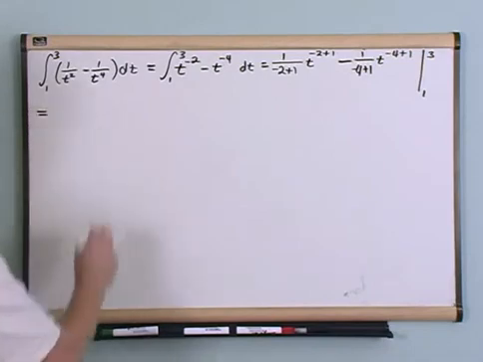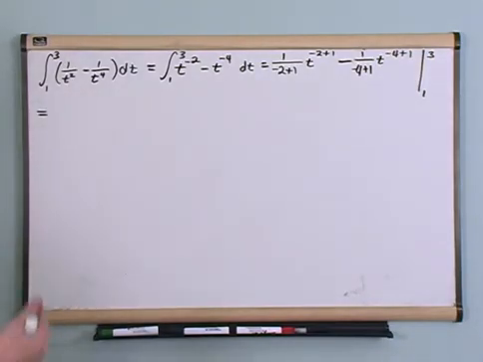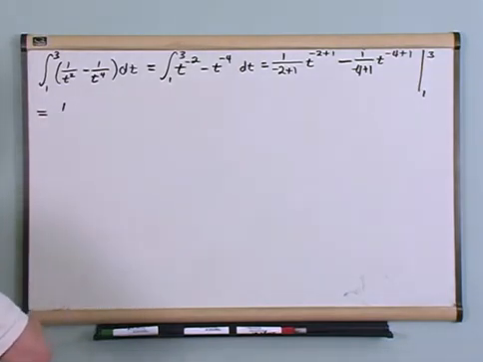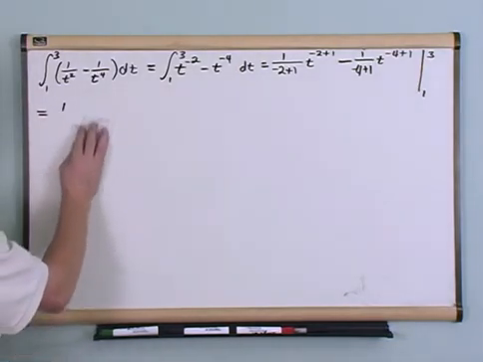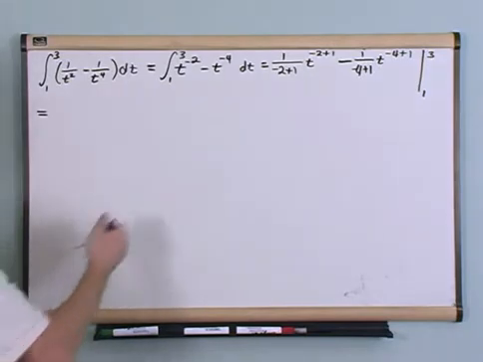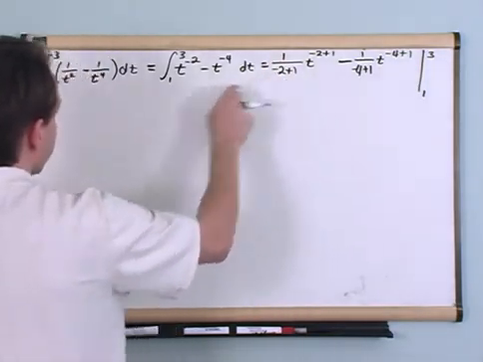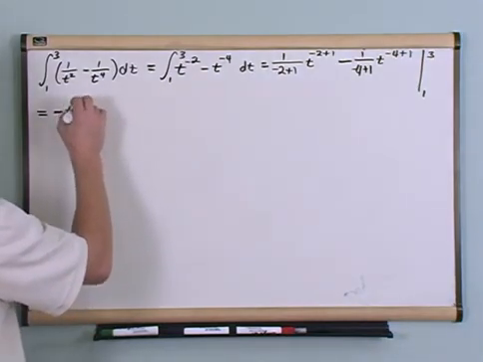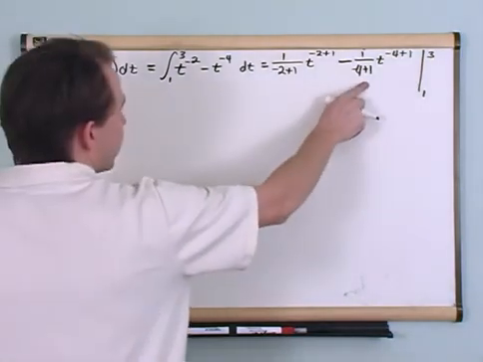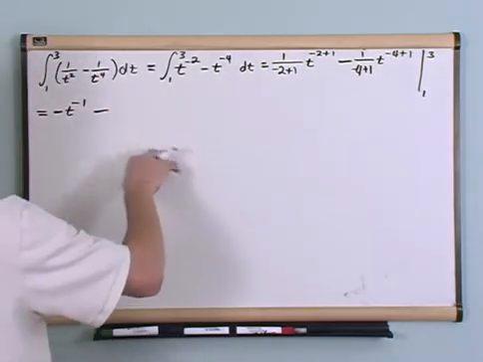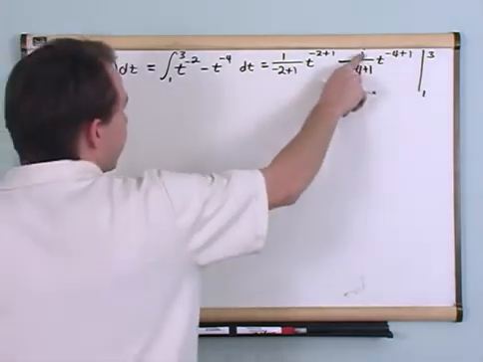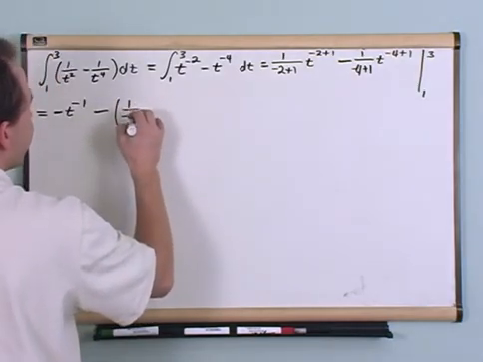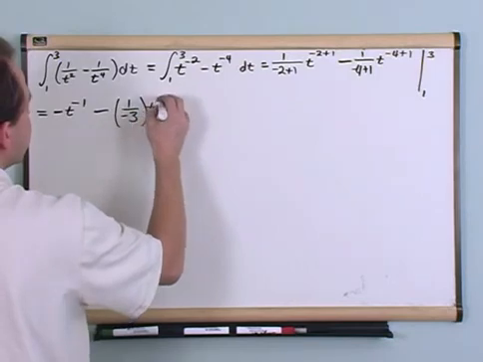Now, I was very explicit when I wrote that out. In reality, you could probably do this part of it in your head. For the first term you're going to have 1 over minus 1, so that's just going to give you a negative t to the negative 1. And then for the second term, it's going to be minus 1 over negative 3 times t to the negative 3.